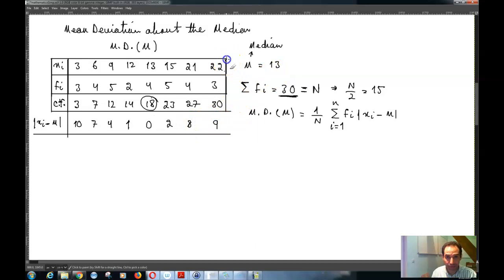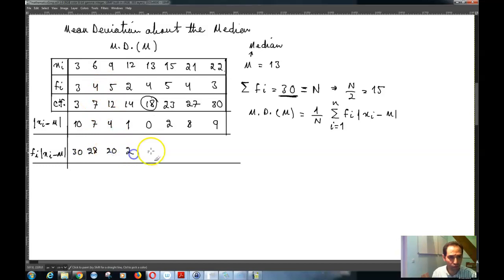So that is that. And then f of i times the absolute value of x of i minus m would be f of i times these numbers, so that's 30, that's 28, that's 20, that's 2, that's 0, that's 10, that's 32, and that's 27.